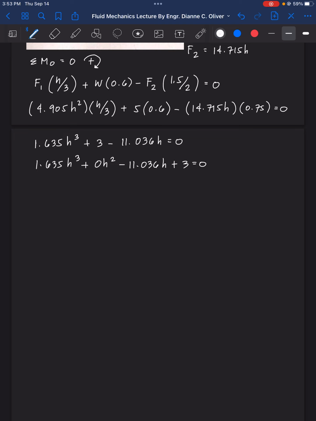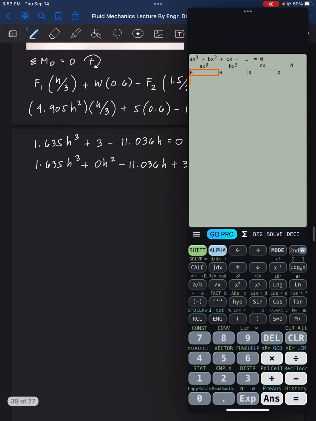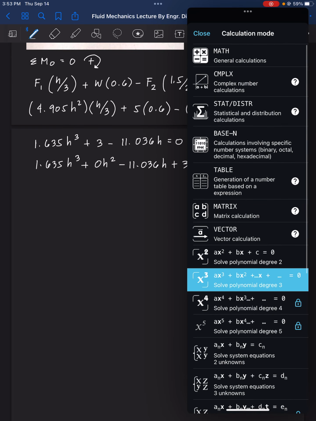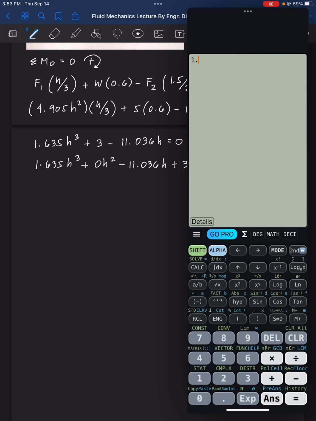So what is the value of H? If you do shift solve, we happen to use shift solve: 1.635 alpha X raised to 3, minus 11.036 alpha X, plus 3, equals 0.